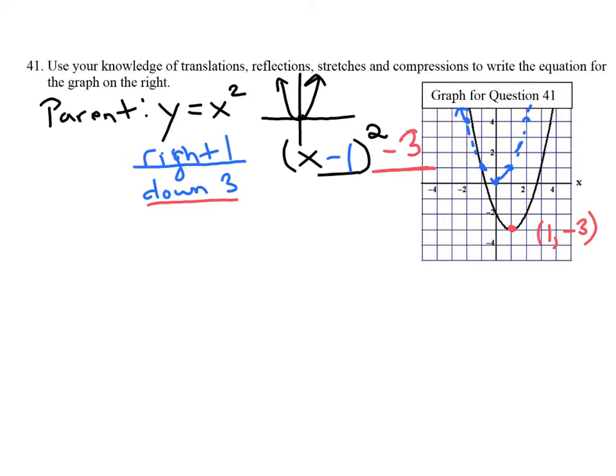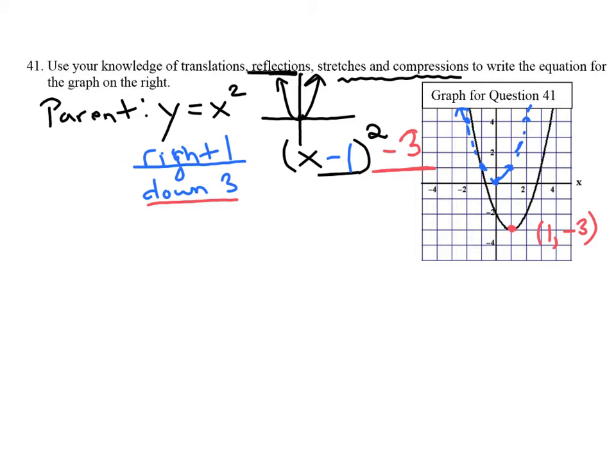All right, so we have an equation here. We might just double check that this will generate some other points on the graph. There's no reflection in this graph. The parabola is still opening upward. We need to just consider if the graph has been stretched or compressed in any way.